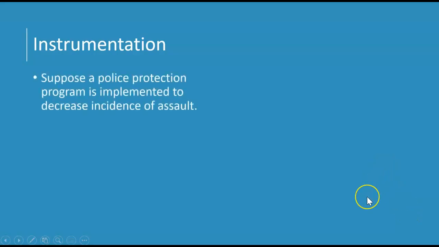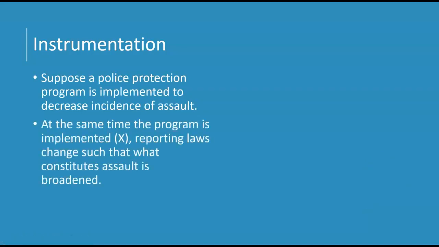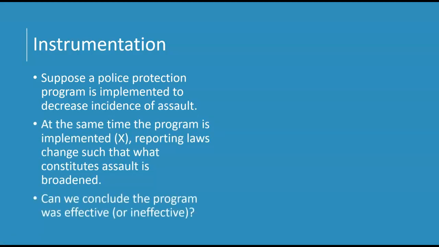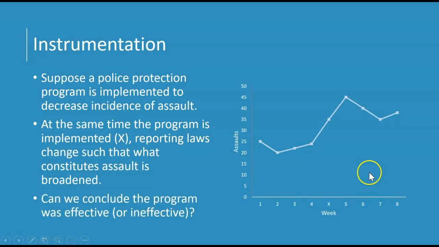So for example, let's say that a campus creates a protection program designed to decrease assault incidents on campus. The time of the implementation on this graph is at week X, and you look at the line here. What you're relying on for your dependent variable is reported assaults.